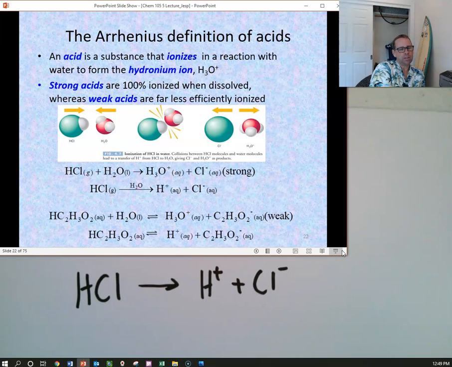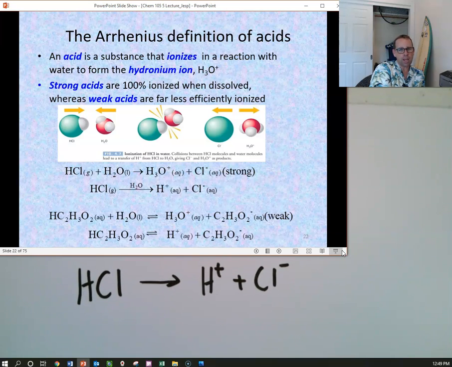Some people like to write the dissociation of acid with water around so that they can remind themselves that these ions, specifically this one, is surrounded by water molecules.